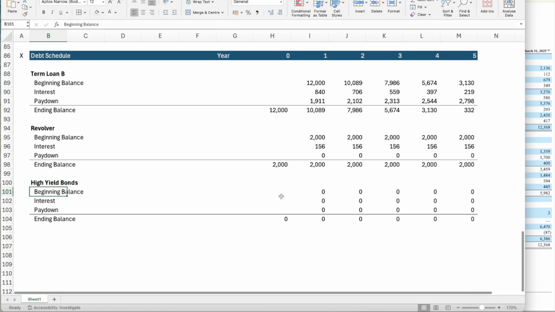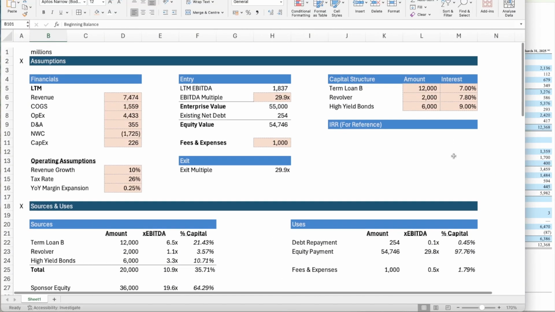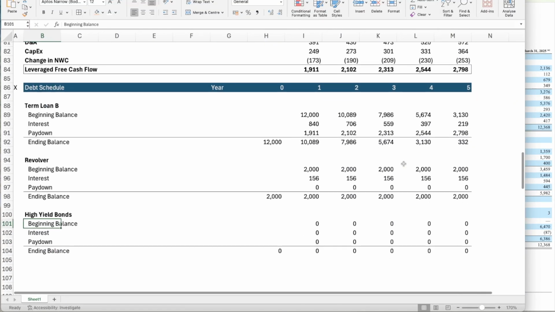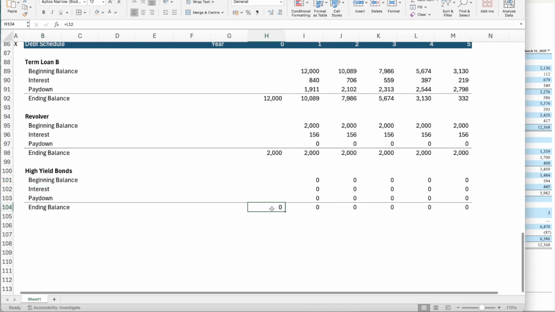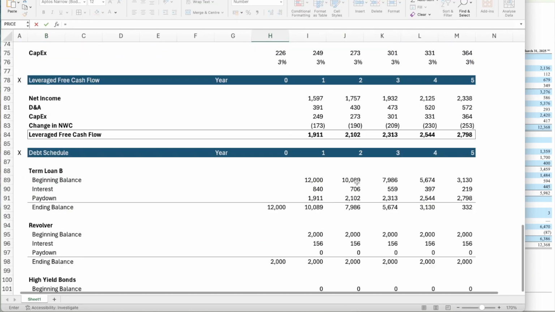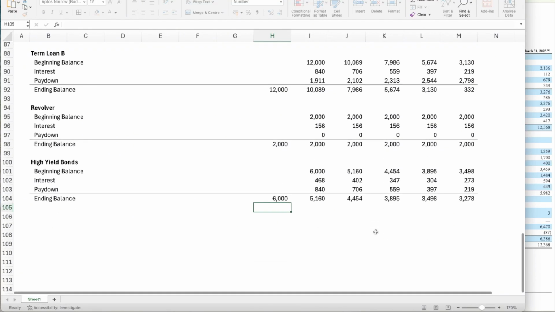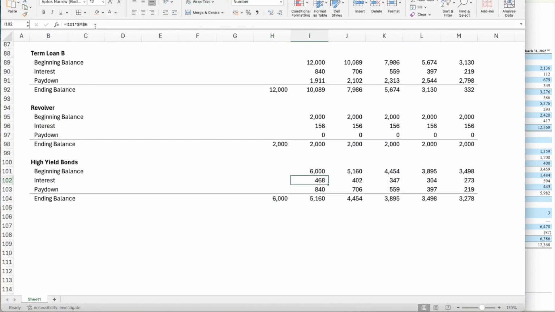The high yield bonds, and what was the interest rate, did we say? 9%, and that's M7, this 6 billion. We take this one, M7, pull it across.